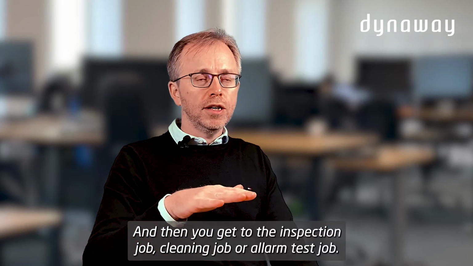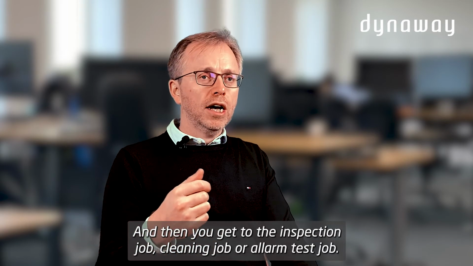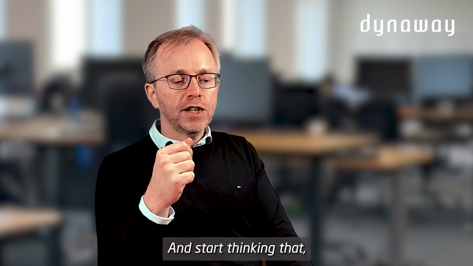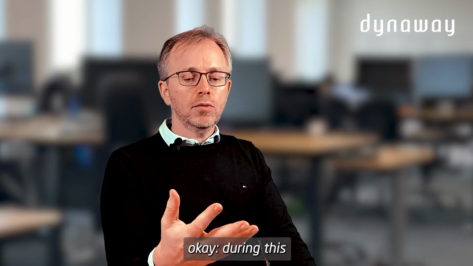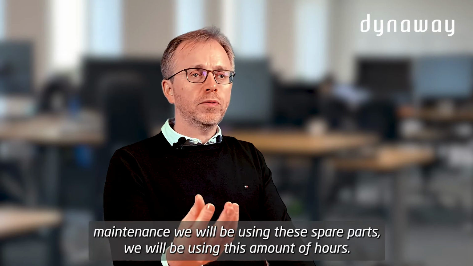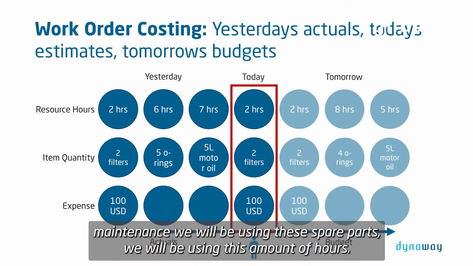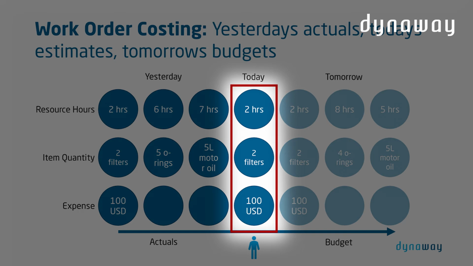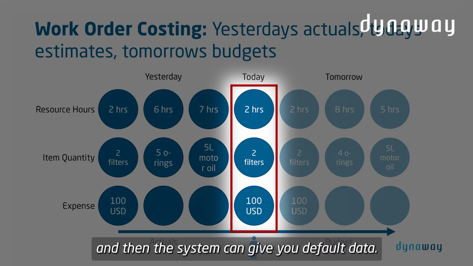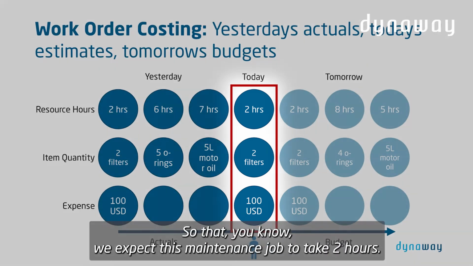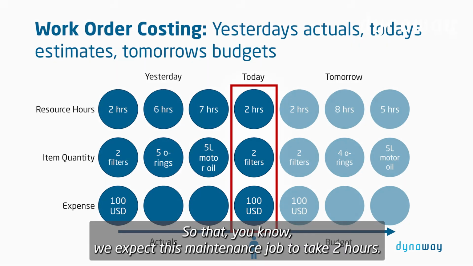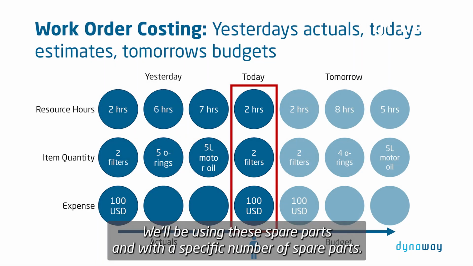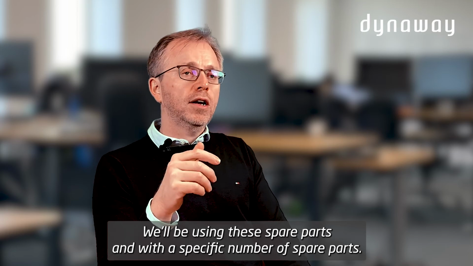And then you get to the inspection job or cleaning job, alarm test job, and start thinking that, okay, during this maintenance, we will be using these spare parts, we'll be using this amount of hours, we'll be using these expenses because we are calling for an external contractor. And then the system can give you default data so that you know, we expect this maintenance job to take 2 hours. We'll be using these spare parts, and with a specific number of spare parts.